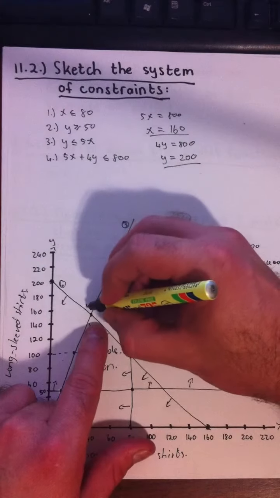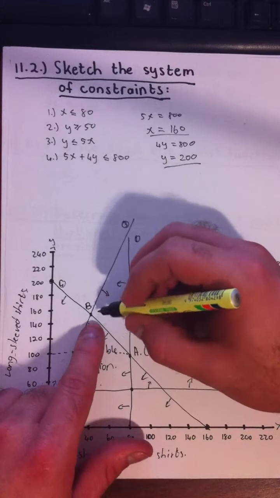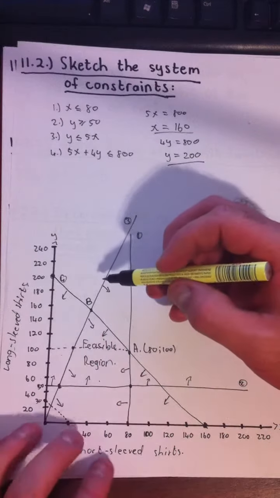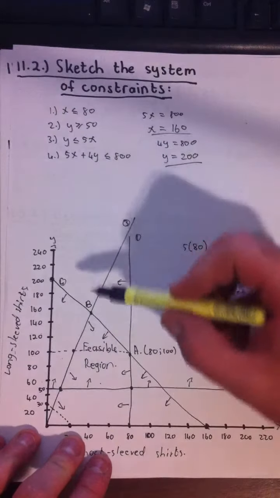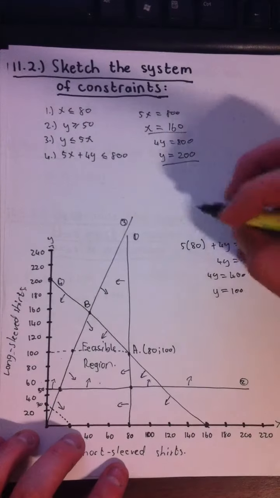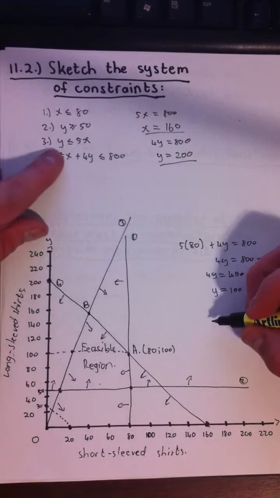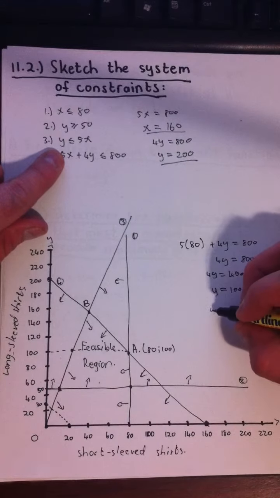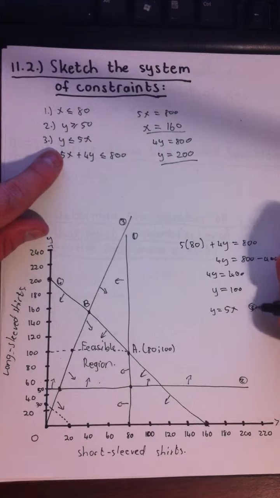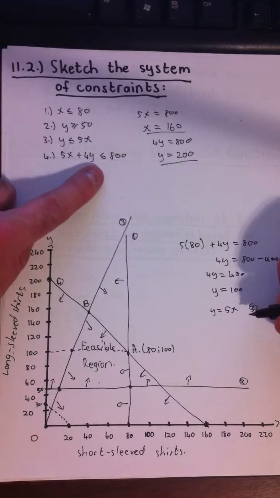Let's call this point B. And now we need to find the x and y value here. To do that we need to do a simultaneous equation for number 3 and number 4. So let's do that over here. Number 3 is y equals 5x, and number 4 is 5x plus 4y equals 800.